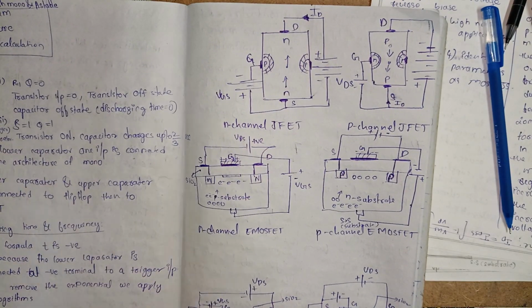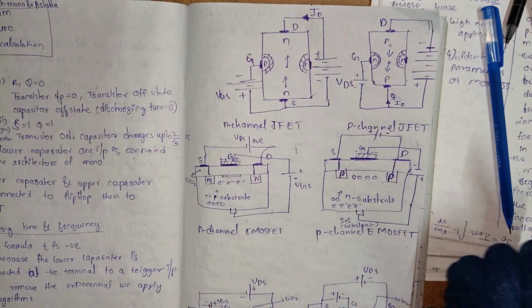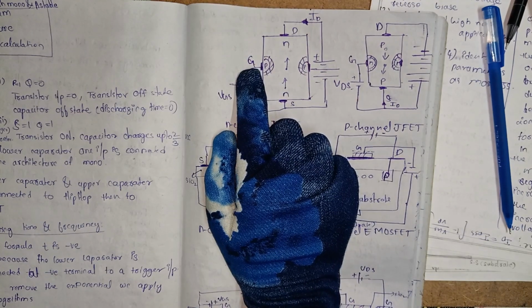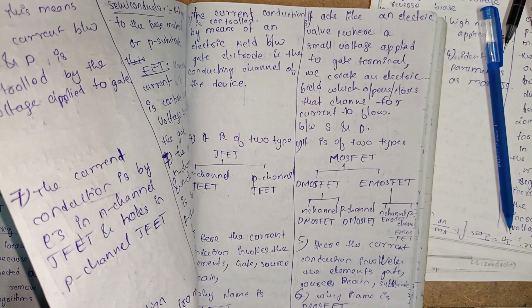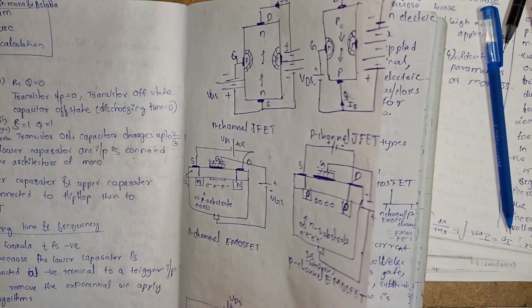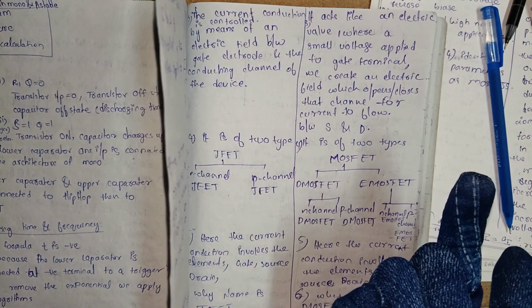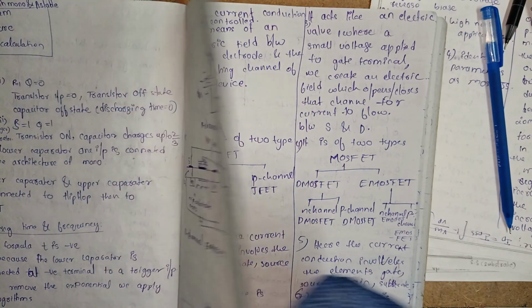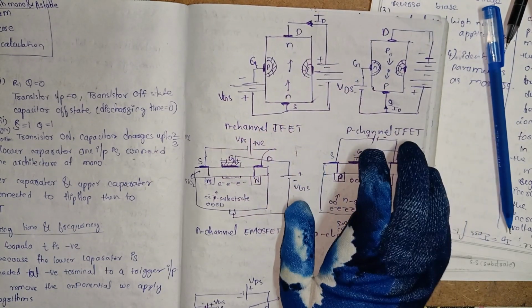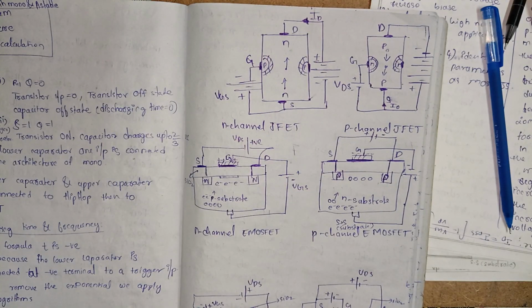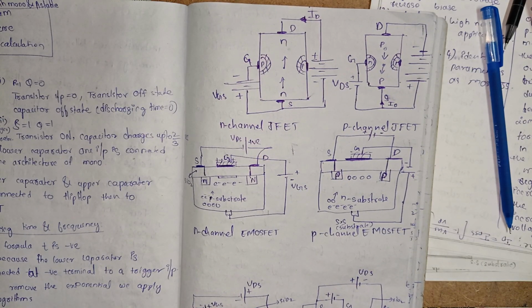So here it is saying that current conduction is controlled by the electric field between the gate terminal and the conducting channel.